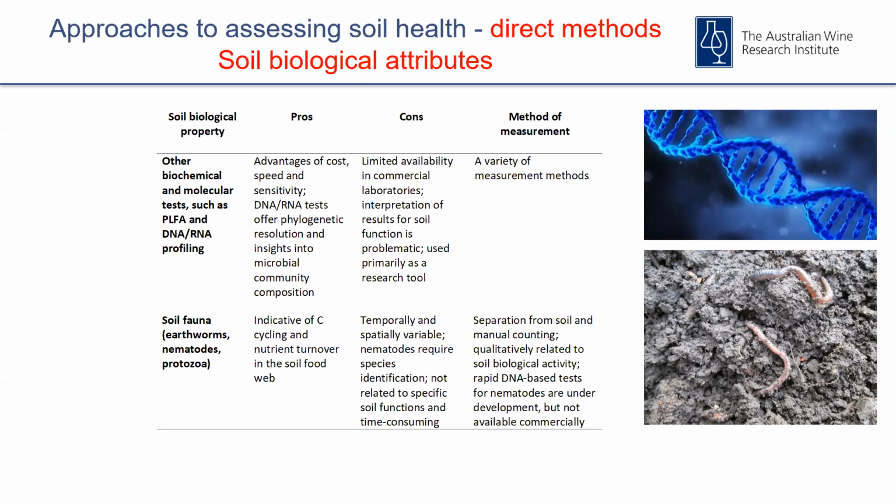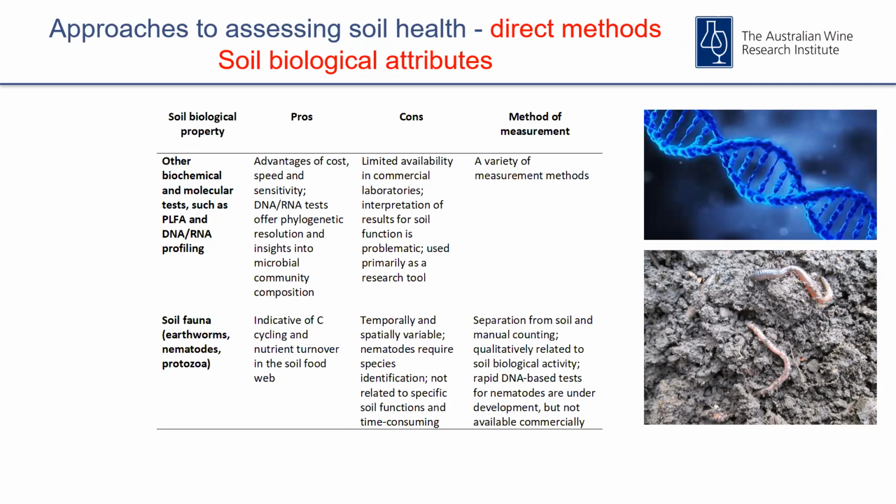In terms of some of the negatives around that at the moment, I guess we're still learning a lot about these different measurement techniques and what they're telling us. So they can certainly give us an idea of that microbial diversity very quickly, but we're probably still lacking a lot of information that relates back to the presence of those different microbial communities and the function that they then represent in soil in relation to soil biological health.